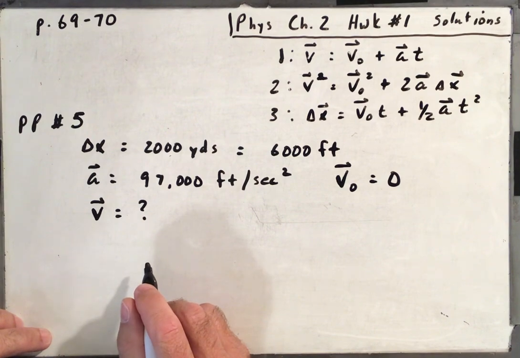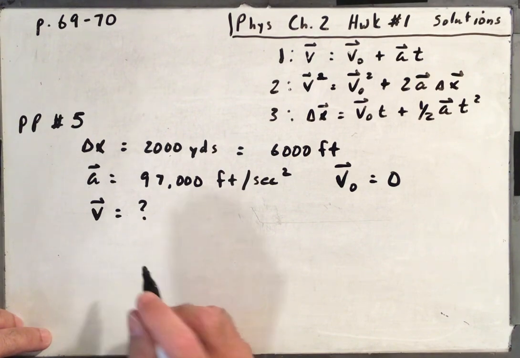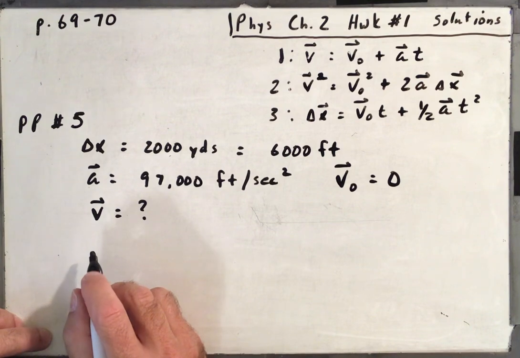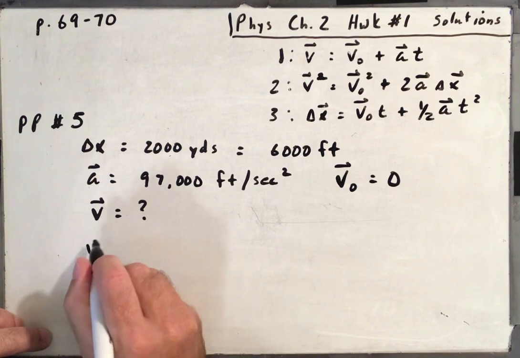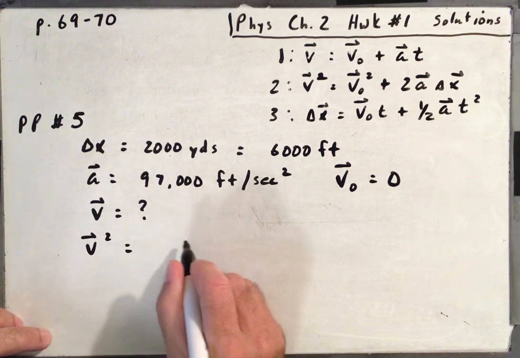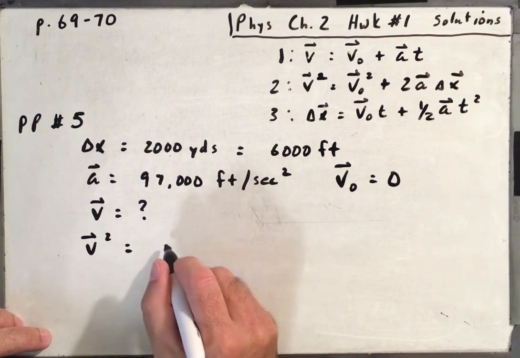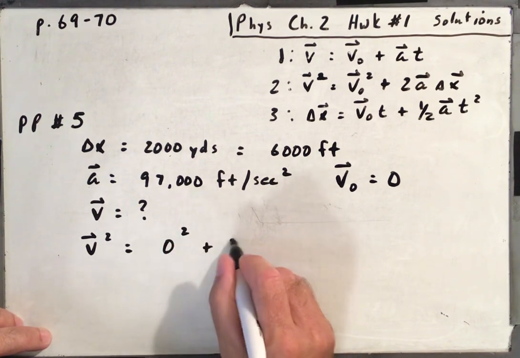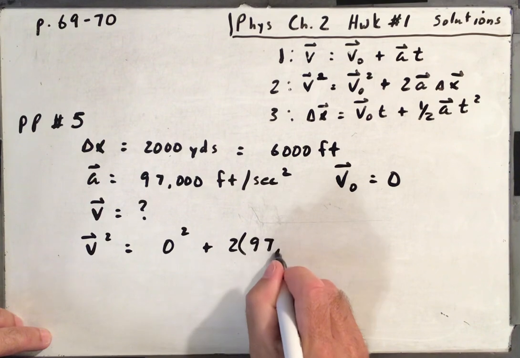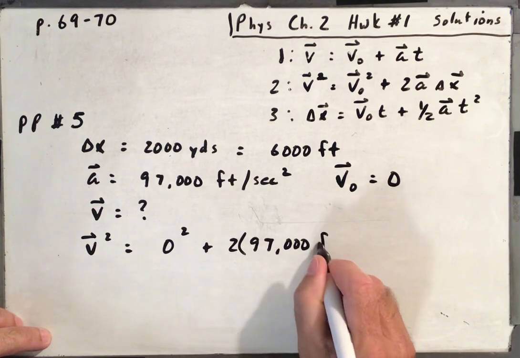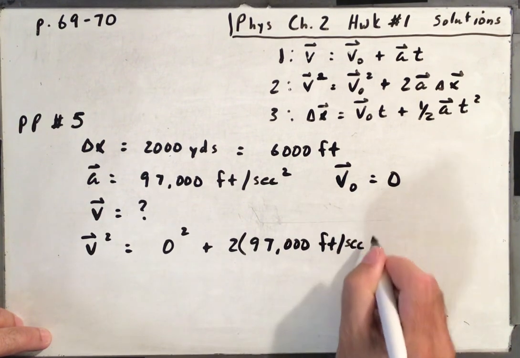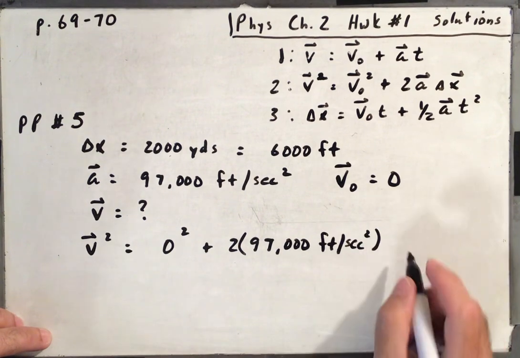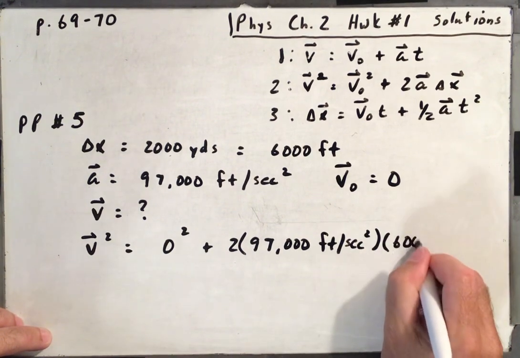Okay, so no time is involved here. So let's use equation number 2. Final velocity squared is equal to initial velocity, 0 squared, plus 2 times 97,000 times delta x, 6,000 feet.